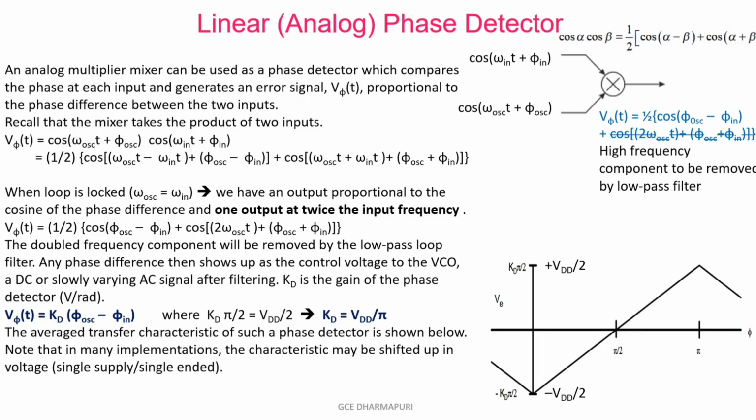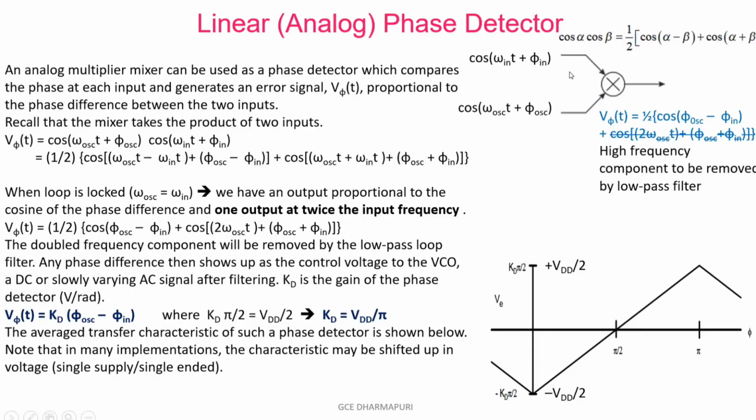So an analog multiplier or mixer can be used as a phase detector, which compares the phase at each input and generates an error signal V phi of t, which is proportional to the phase difference between the two inputs. So we can say one input is cos(omega in t plus phi in), and the next input is cos(omega OC t plus phi oscillation).